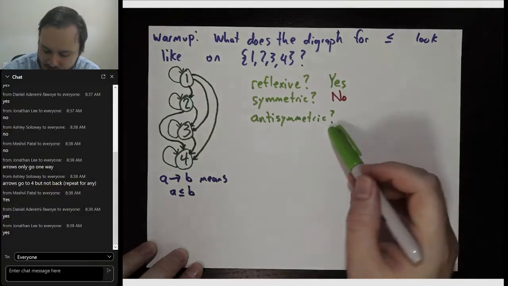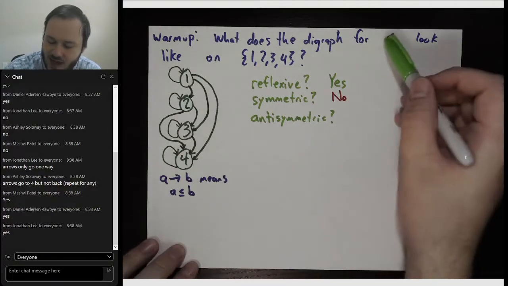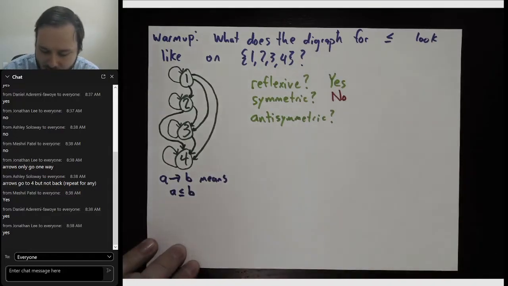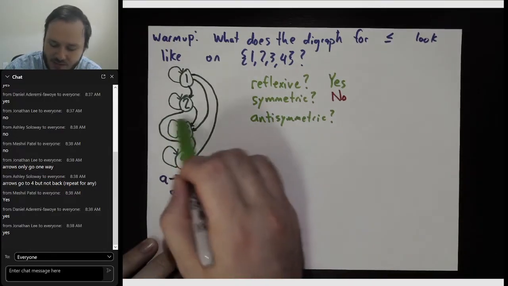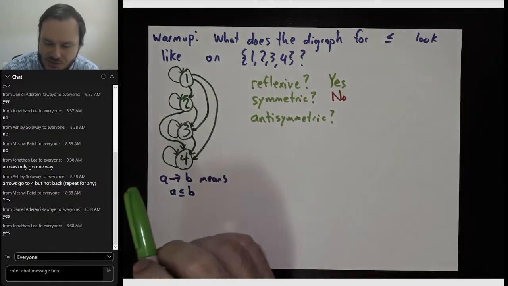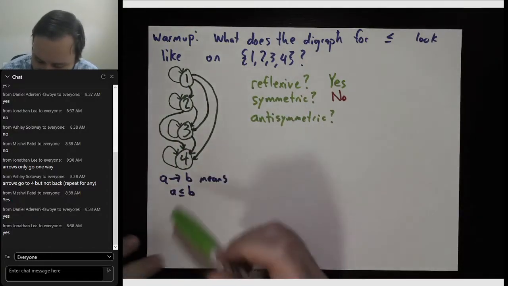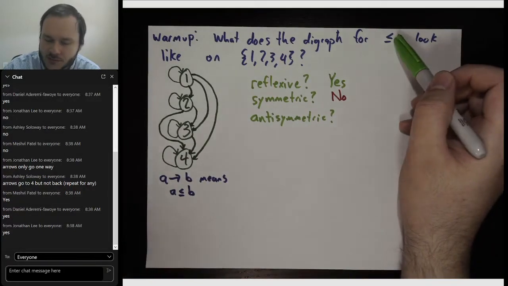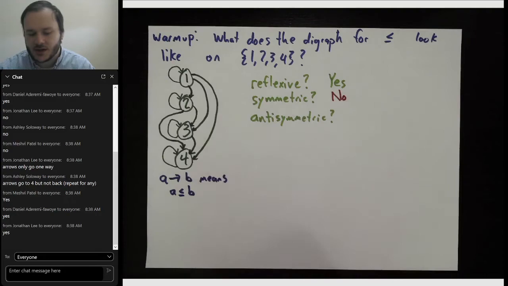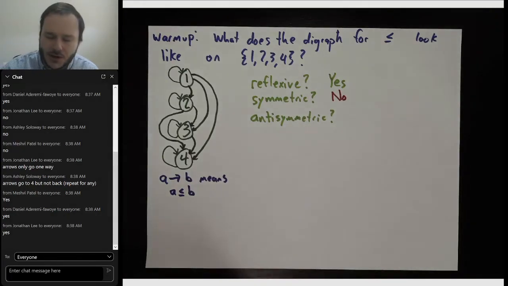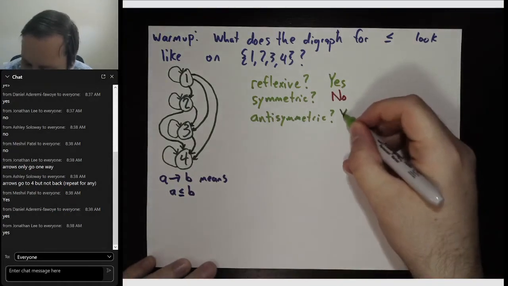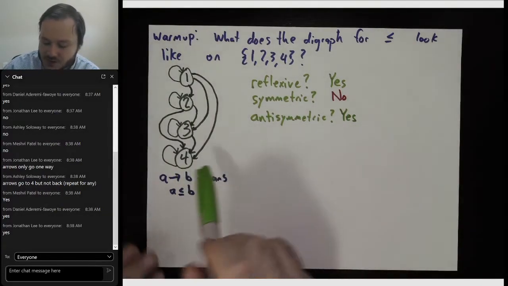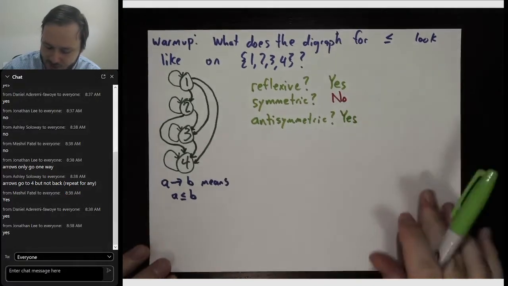And that's what we need for anti-symmetric. Anti-symmetric says if A is less than or equal to B, then B is not less than or equal to A, unless you happen to pick the same thing twice. You're allowed to have loops, but if I have two different elements, at most one pair can be in the relation. We can't have both ways. We can't have two arrows. And since we never have two arrows, we are anti-symmetric here.